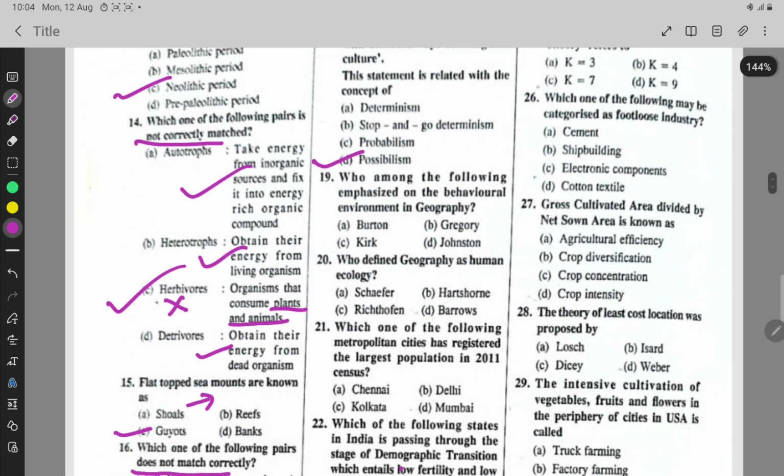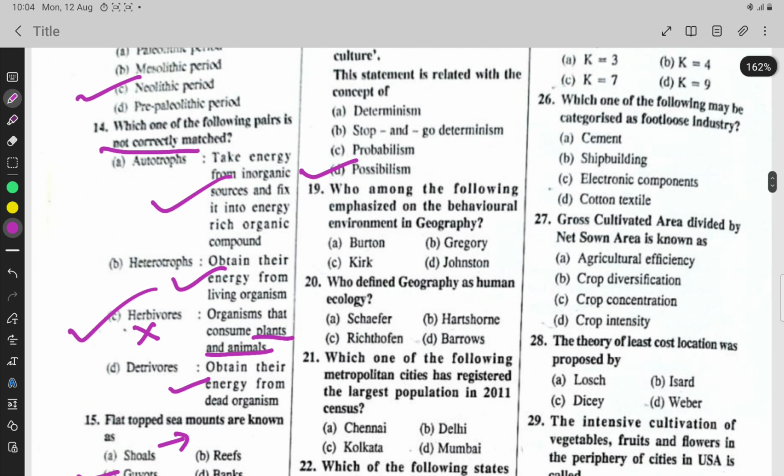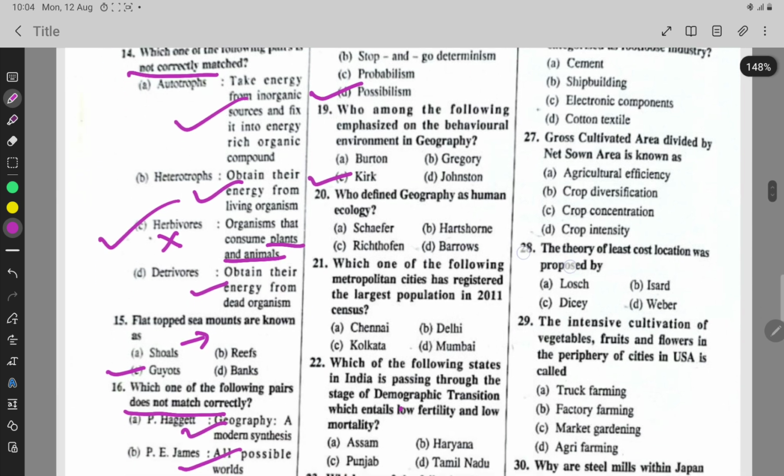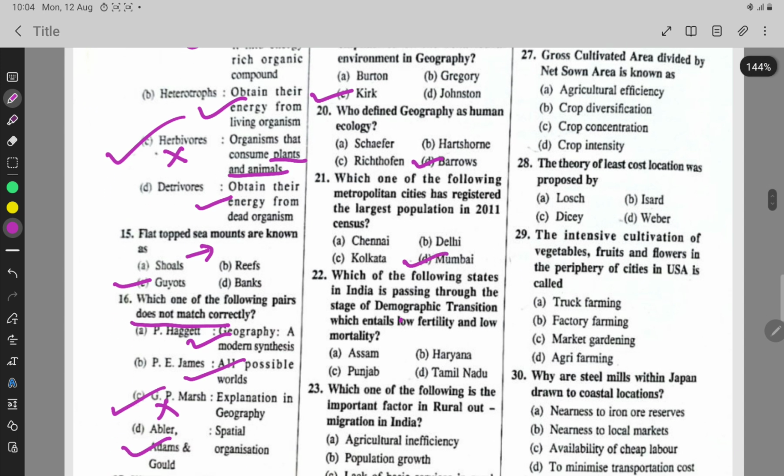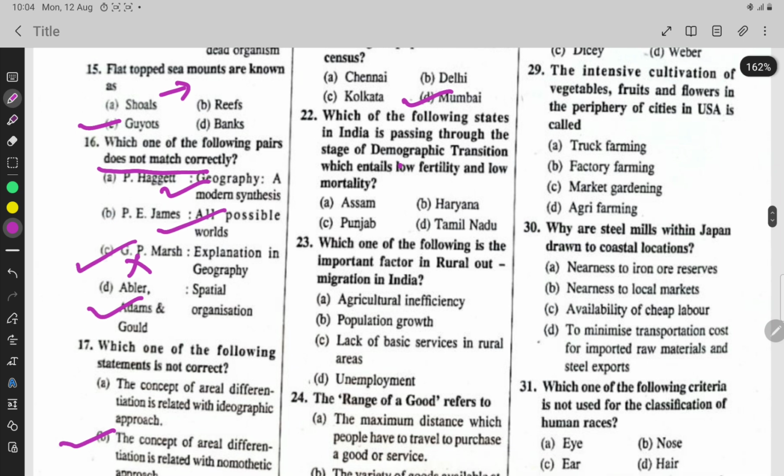Who among the following emphasizes the behavioral environment in geography? Who defined geography as ecology? Burrows. Which one of the following metropolitan cities has registered the largest population in 2011 census? Mumbai. Which of the following states in India is passing through the stage of demographic transition which entails low fertility and low mortality?